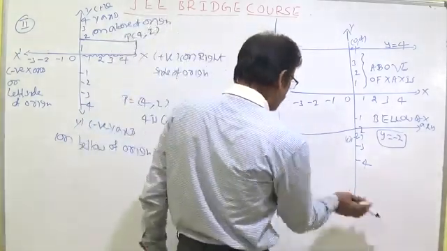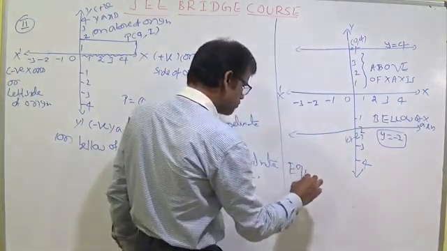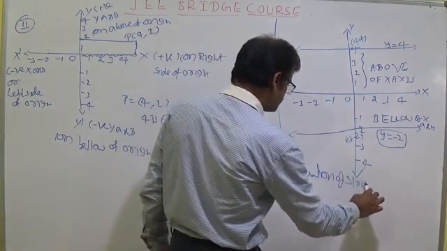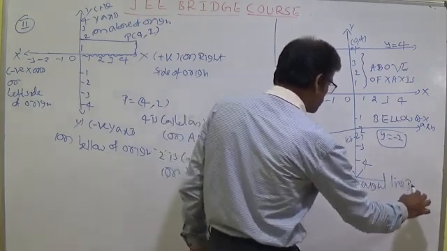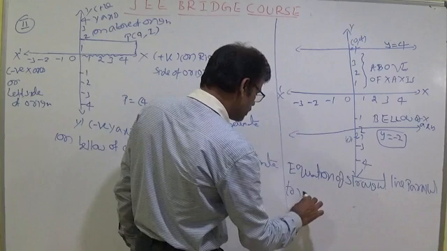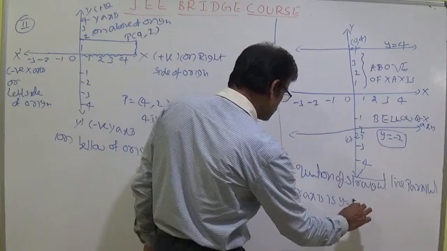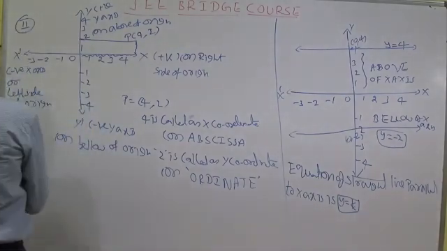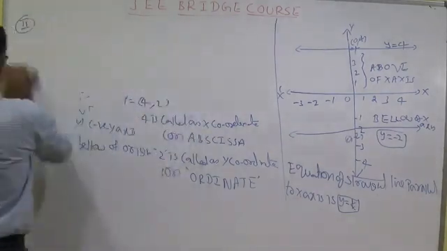So you write the formula: equation of straight line parallel to the x-axis is y is equal to k. That's all. In the similar way, we can draw another diagram and discuss another one also.